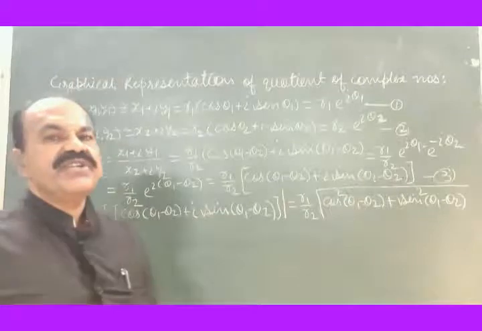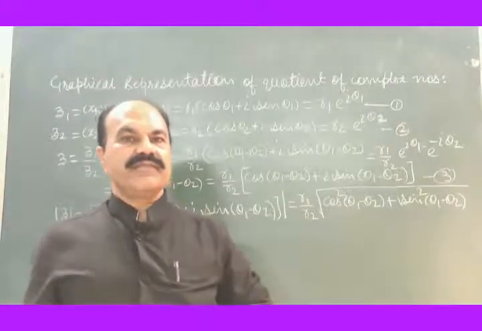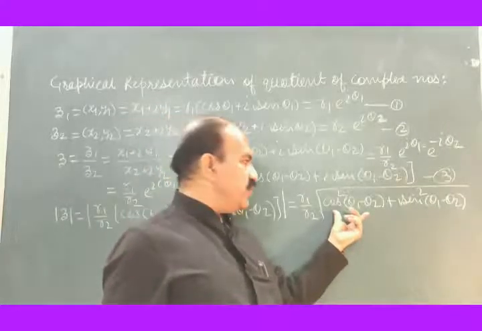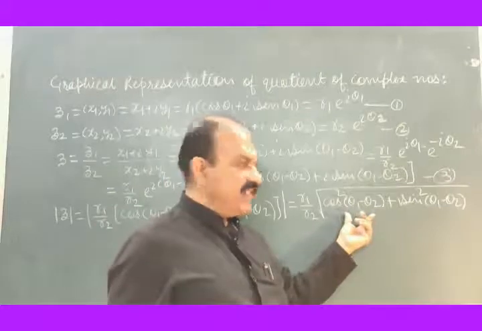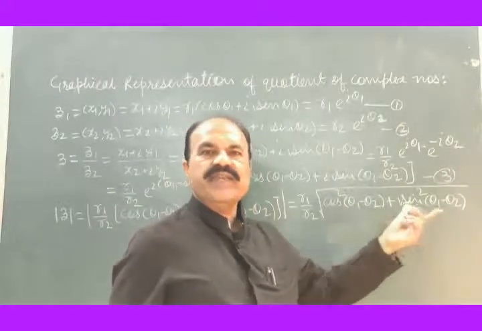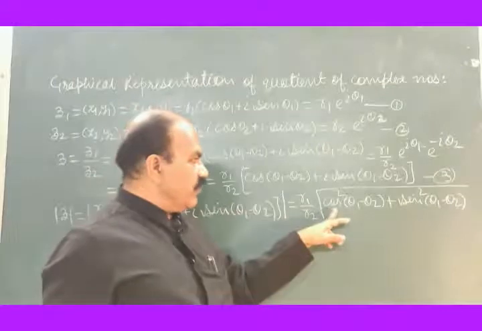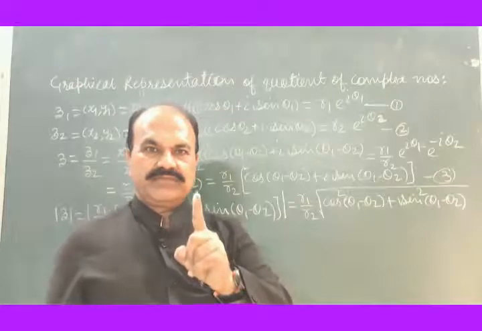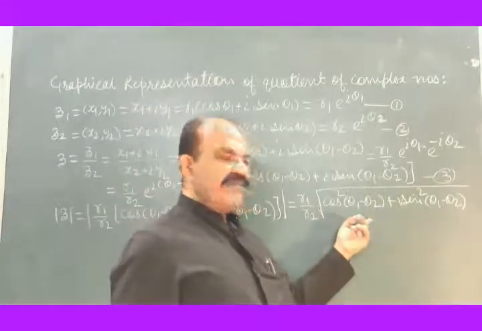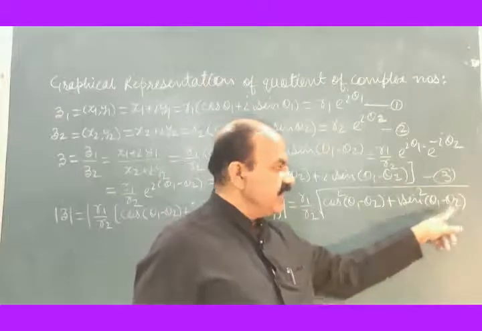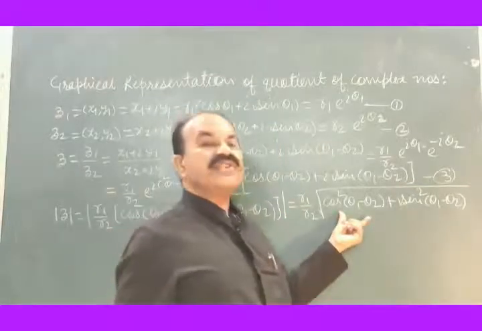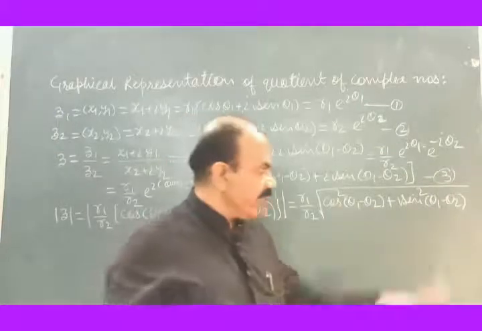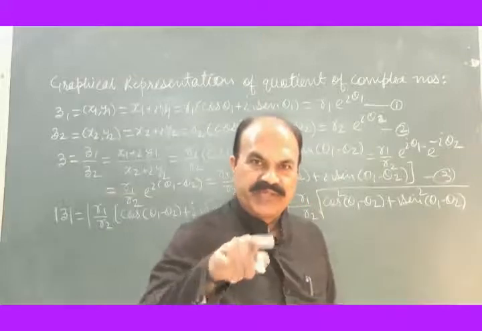You know, modulus of z is square root of x square plus y square. What is x here? Cos (theta 1 minus theta 2), and y is sin (theta 1 minus theta 2). What is cos square theta plus sin square theta? It is 1. Let theta 1 minus theta 2 be equal to some angle theta.